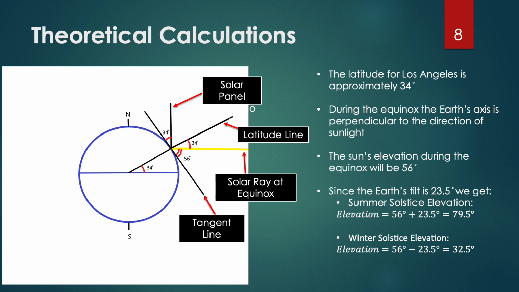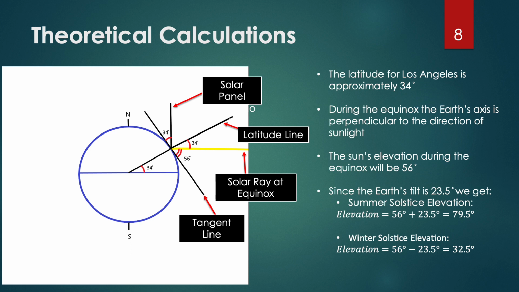And so now that we have the solar elevation at the equinox, to find the summer solstice elevation and the winter solstice elevation, we use the fact that the Earth's axis is tilted at 23.5 degrees relative to its motion around the sun.